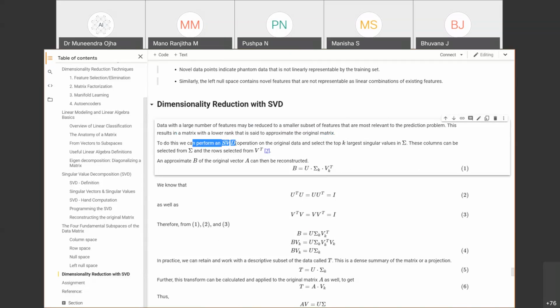When we perform SVD on the original data, we select the top k largest singular values in sigma, and these columns can be selected from sigma and rows from the matrix V transpose. An approximation B of the original matrix A can then be constructed as B is equal to U sigma V_k transpose.